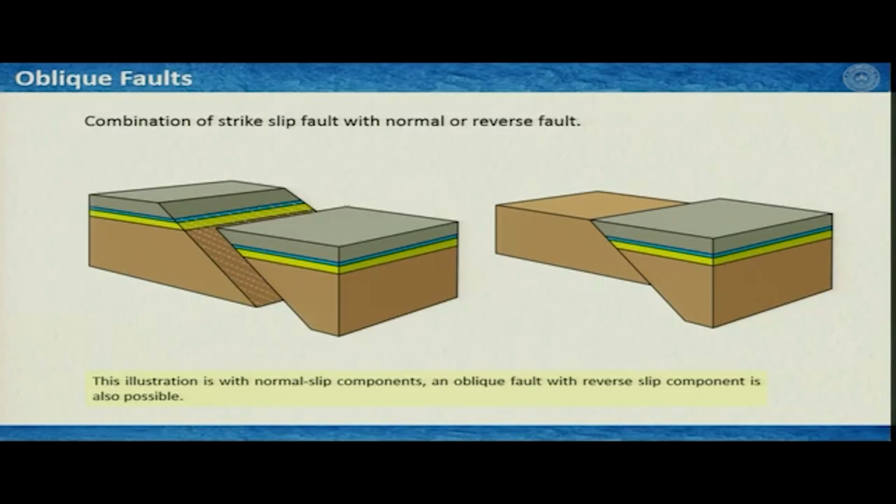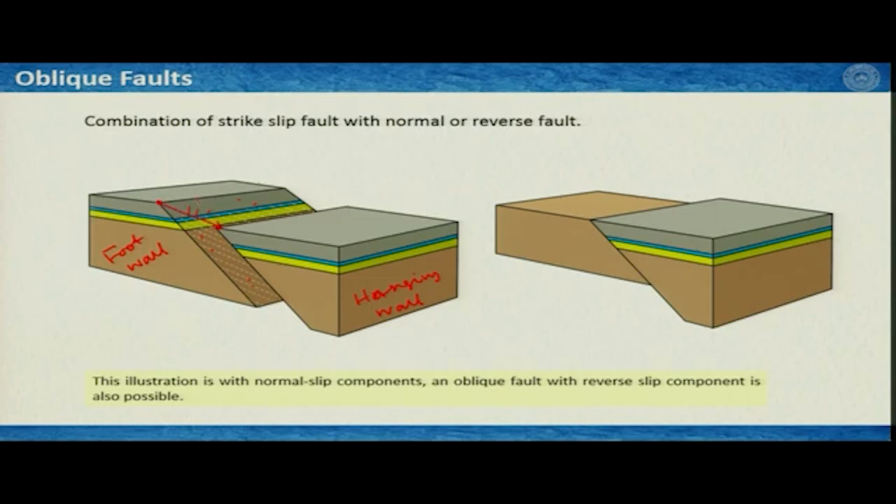Now, oblique faults are when you have both strike slip and dip slip components in your system, and it can be either a normal dip slip component or a reverse dip slip component. So, here the illustration is for the normal dip slip component. If I consider this is the fault plane, this one, then this is the hanging wall, and this is the footwall, and these 2 points were together before the faulting, and it moved this way.